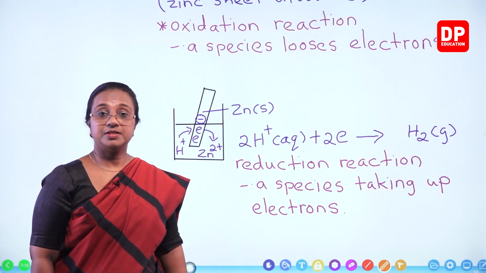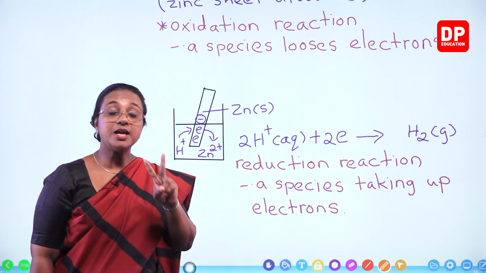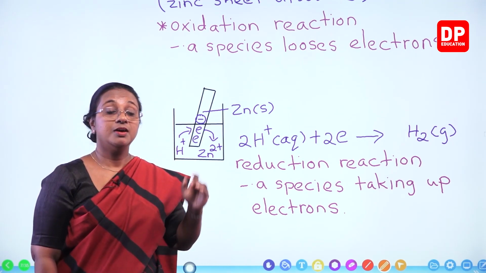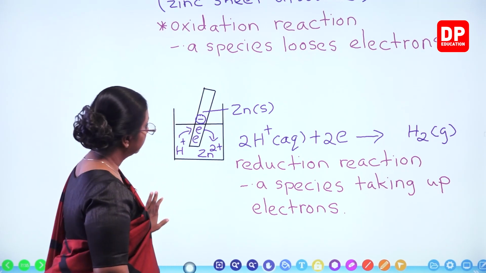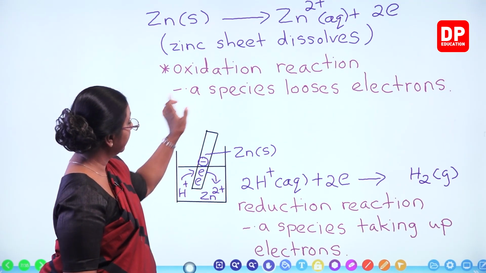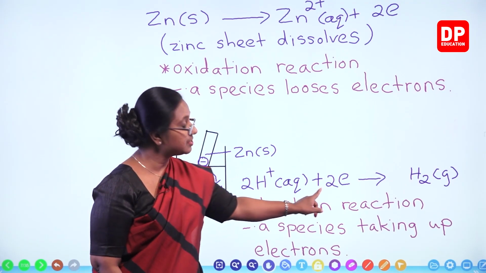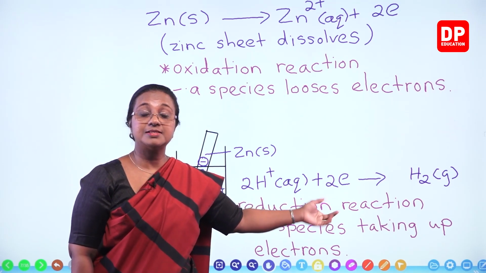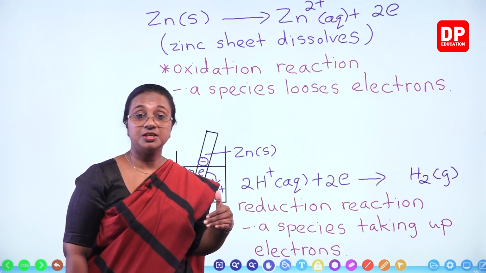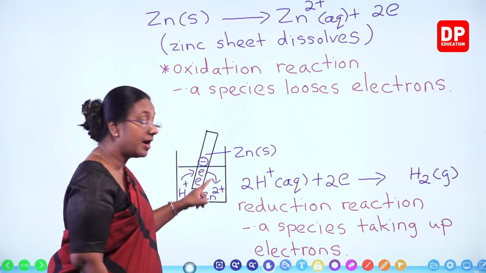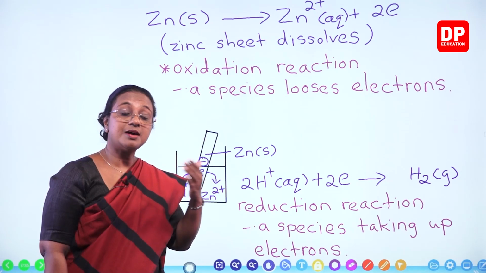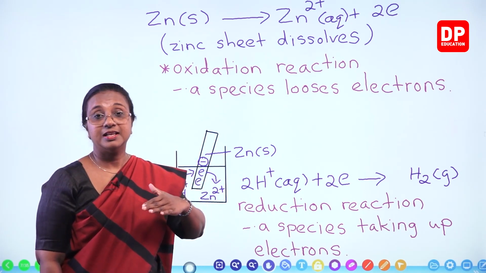Is that okay, students? So two types of reactions occur. One species loses electrons, that is zinc, that is oxidation. At the same time, another species takes up electrons, that is reduction. Both of those take place. So charges are moving. Electrons are being lost and gained.